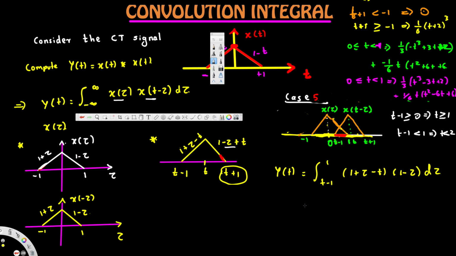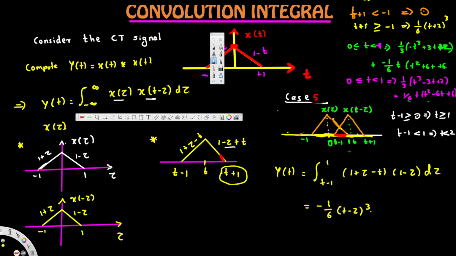If we do the integration and solve this one, we are going to get negative 1 over 6 t minus 2 cubed. Okay, so this is for this region.